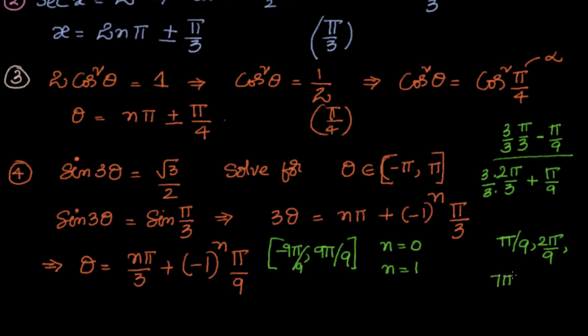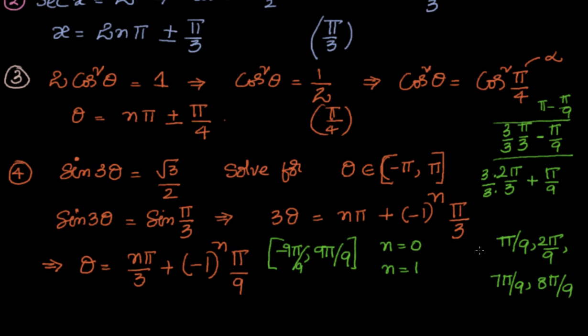So it is 7 pi by 9. Let us look at n equal to 3. 3 3 cancels, I will have pi, pi minus pi by 9, that is nothing but equal to 8 pi by 9.